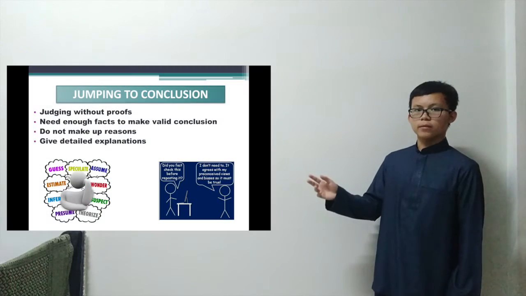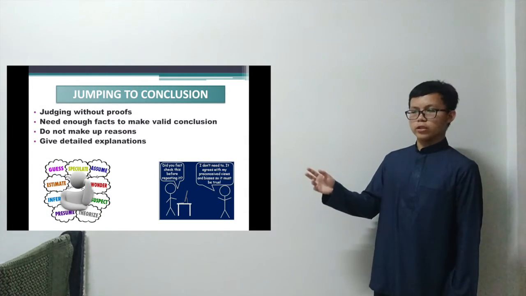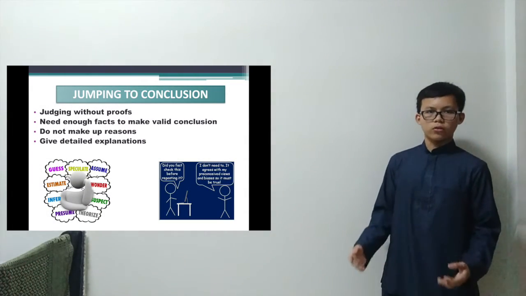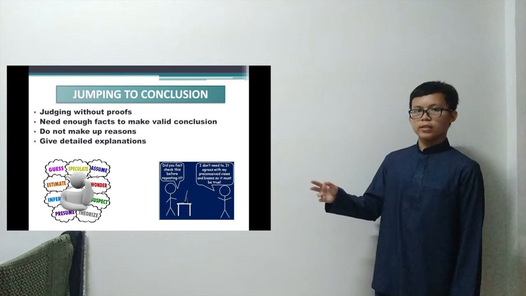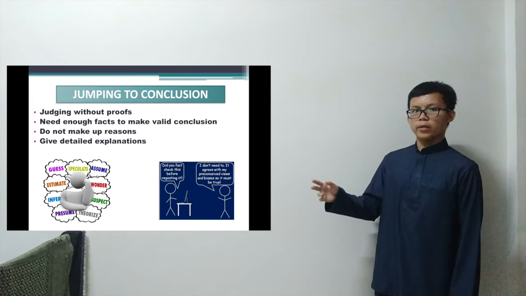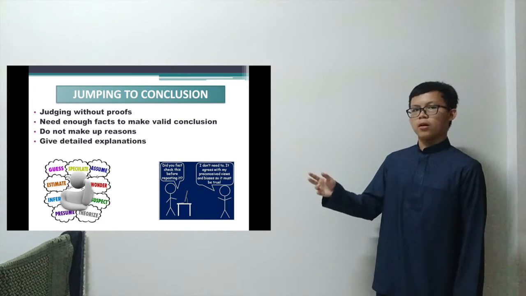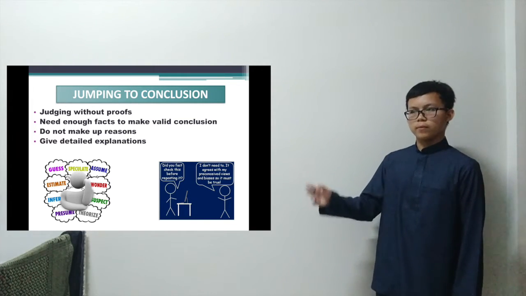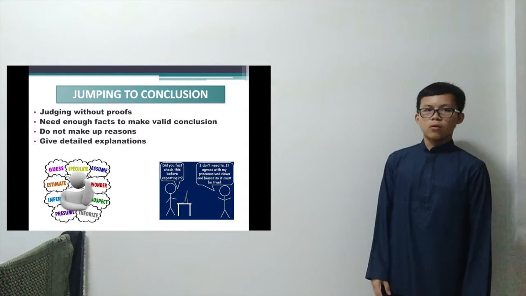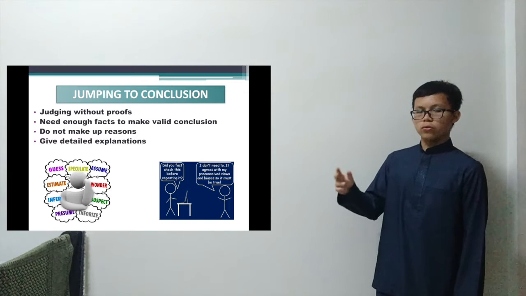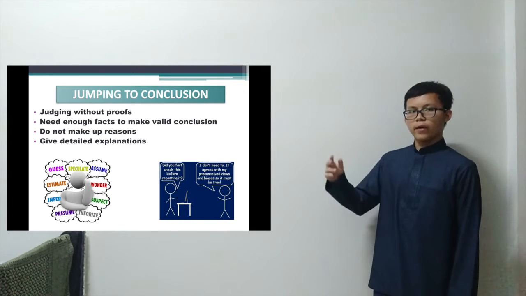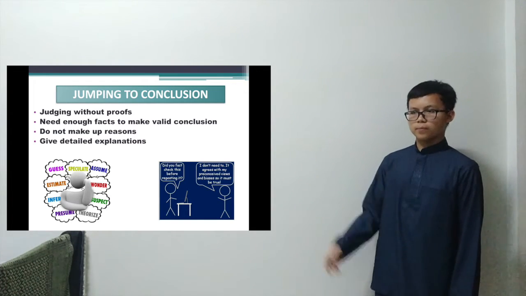The first barrier, jumping to conclusion. What is jumping to conclusion? Jumping to conclusion is the act of judging or making an opinion about a subject or topic without enough proof. To make a valid conclusion, you first need to search and gather your facts about the topic.